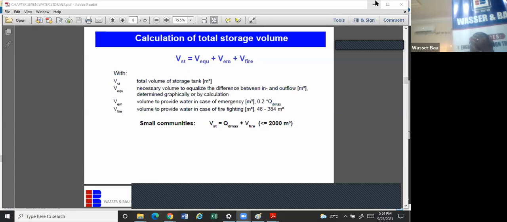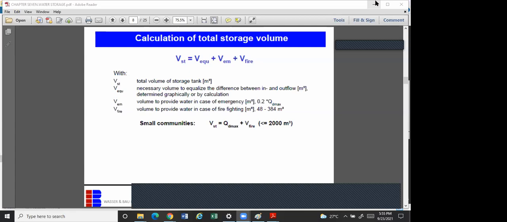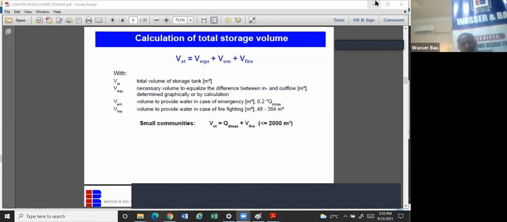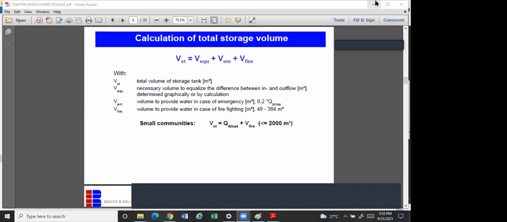Any other question, please? It's just a comment. I think anything that is not backed by code or standard should be avoided. I don't think you see in any code or standard where they will tell you to size fire water based on a percentage. Better you follow the right standard. And as Mr. Waza said, if you want to now try to determine what is their percentage, you can do that on your own.